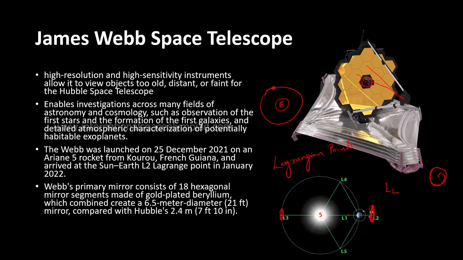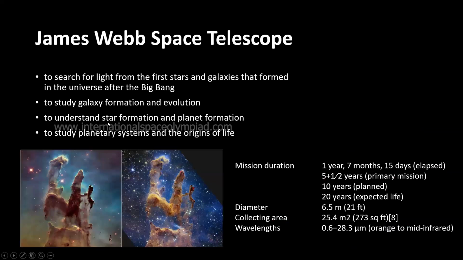One advantage is that it is not near Earth, so it can avoid a lot of infrared and properly observe the universe in infrared without being affected by the Earth's infrared radiation. So that is JWST. This image is called the Pillars of Creation. It is being compared: the left one is taken by HST and the right one by JWST.